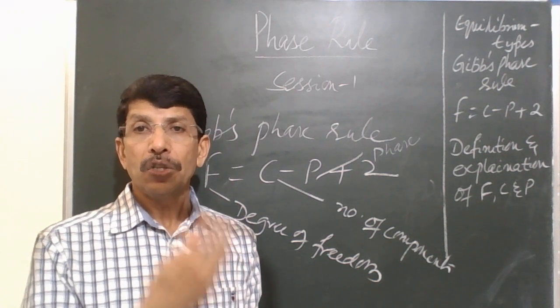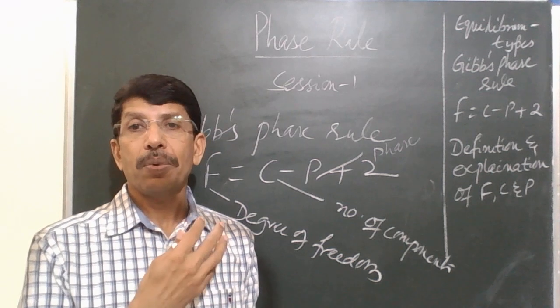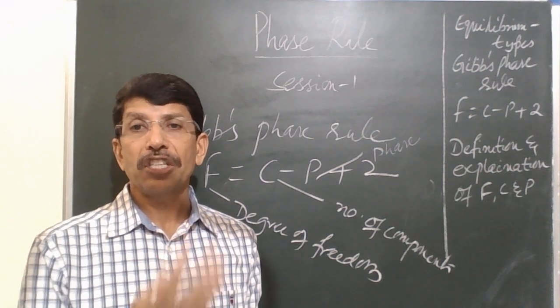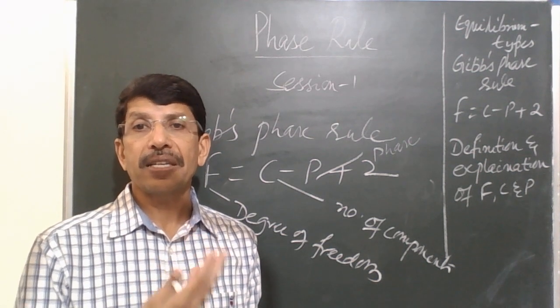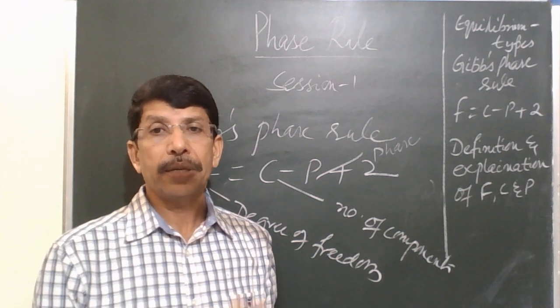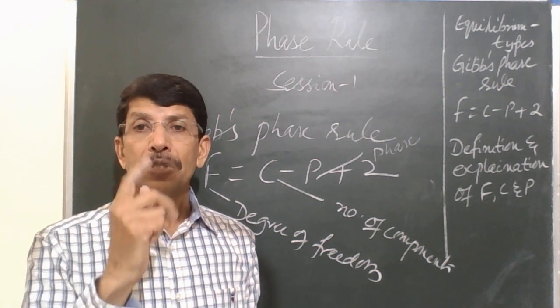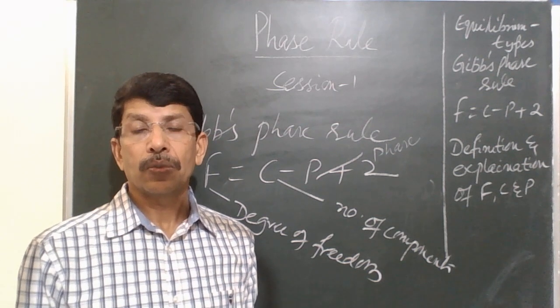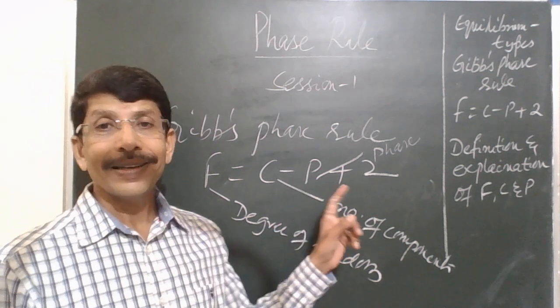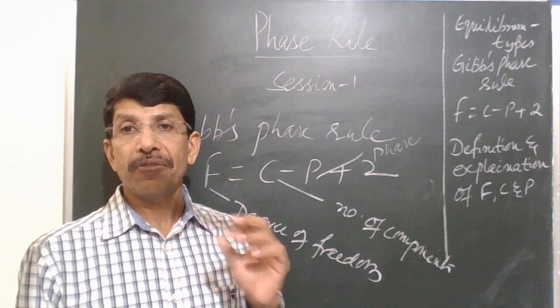Usually pressure and temperature, or pressure and concentration, or temperature and concentration are considered as variables. So here the numerical 2 indicates the two variables which affect the equilibrium of a system.